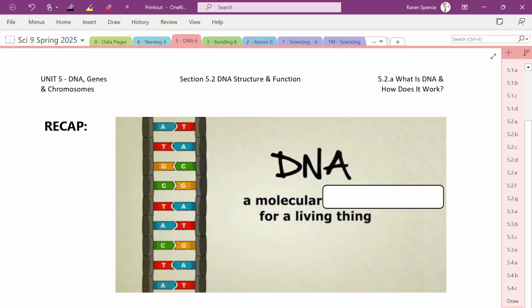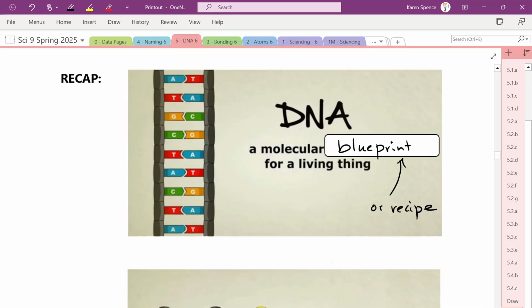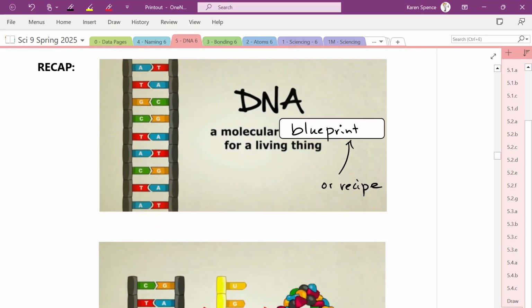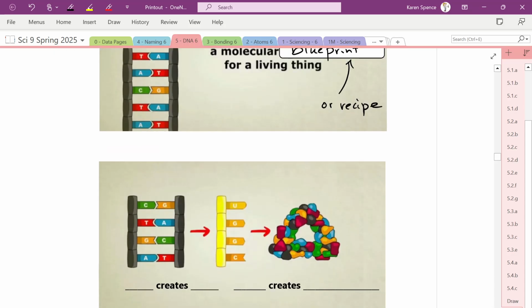Recap. DNA is a molecular blueprint or recipe for a living thing. They're both analogies, right? So DNA makes RNA.